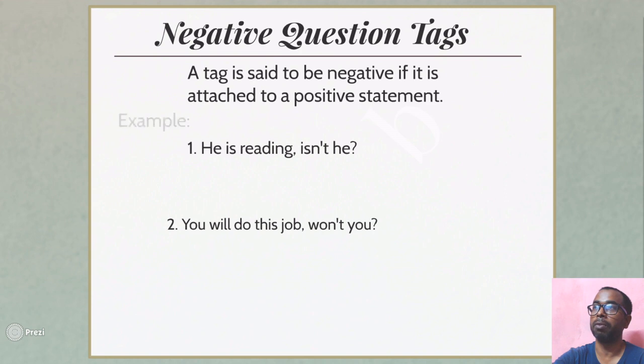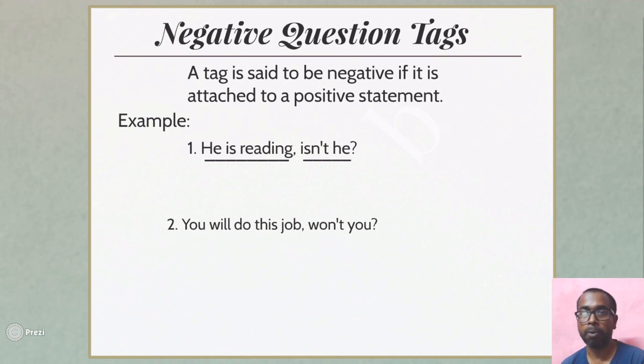Let's have the examples here. The first example on the screen you can see, "he is reading, isn't he?" So the first part that is underlined, "he is reading," what kind of statement is it? Is it a negative statement or a positive statement?